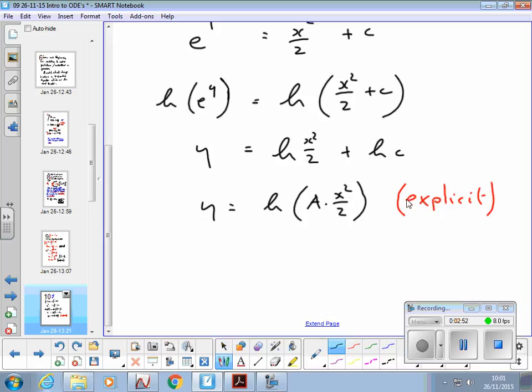Now both of these two examples we've just looked at are what are called general solutions. So this example and the one we've just looked at are called general solutions because I haven't got a value for a.